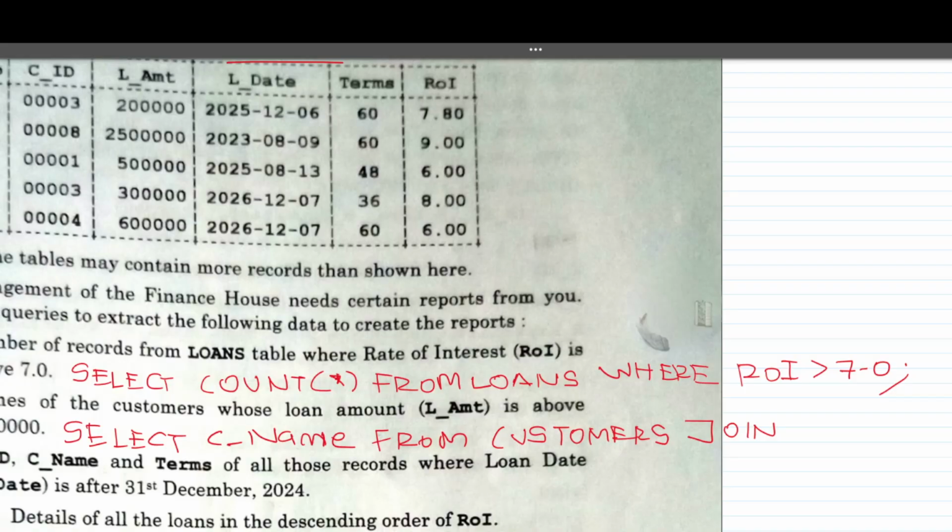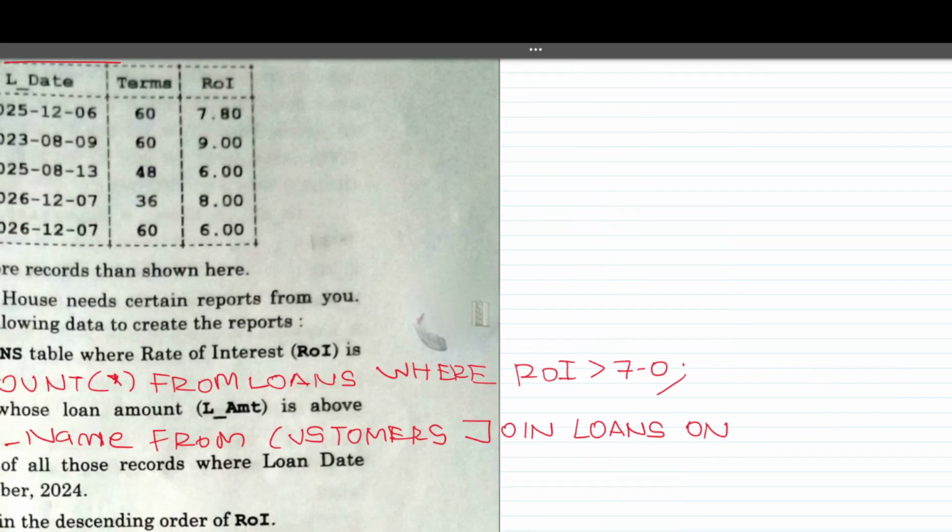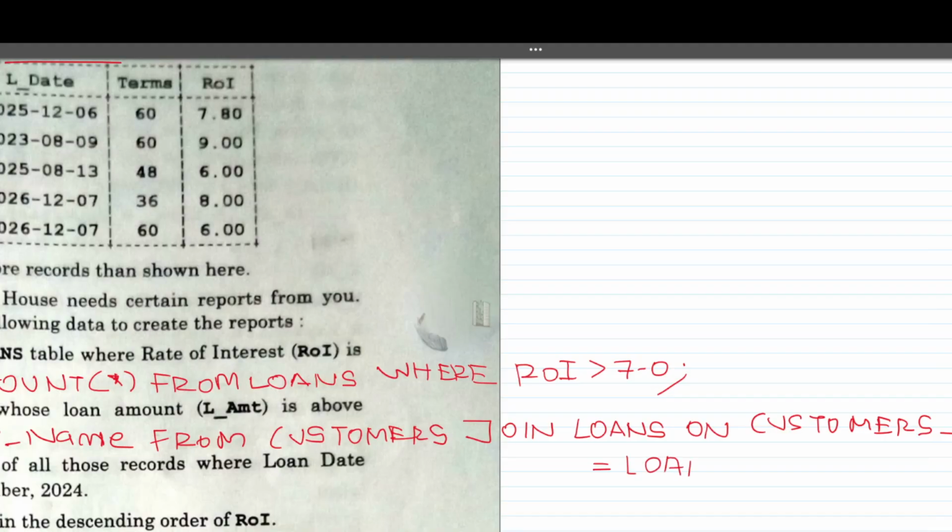We know the code. On loans on, first of all we need to write the first one, customers. Okay, this should be equal to loans.